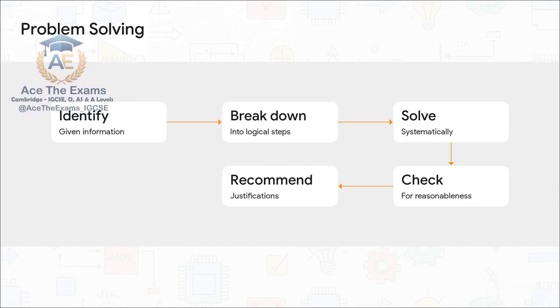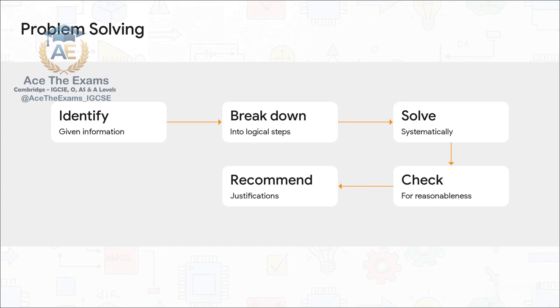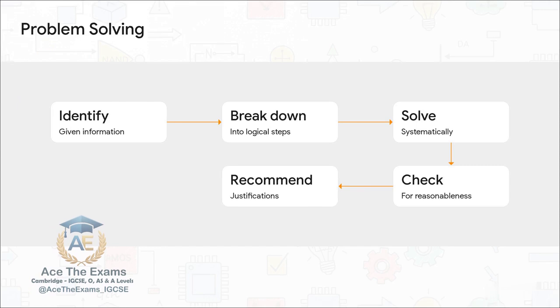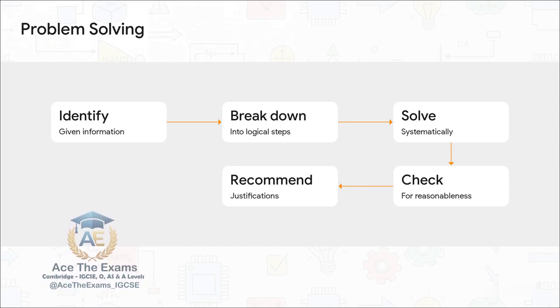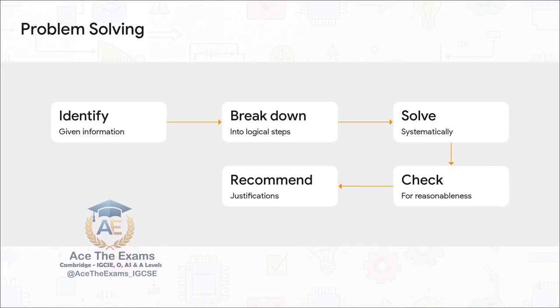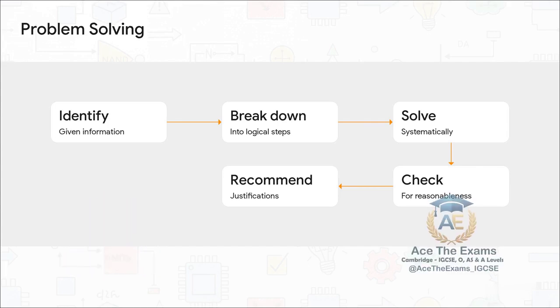Second, break the problem into logical steps. Third, solve systematically. Literally write down the output of every single intermediate gate. Fourth, check for reasonableness. Does this final truth table actually make sense? And finally, step 5, make justified recommendations if the question asks for an evaluation of the circuit. Following these steps ensures your entire method is visible right there on the page.